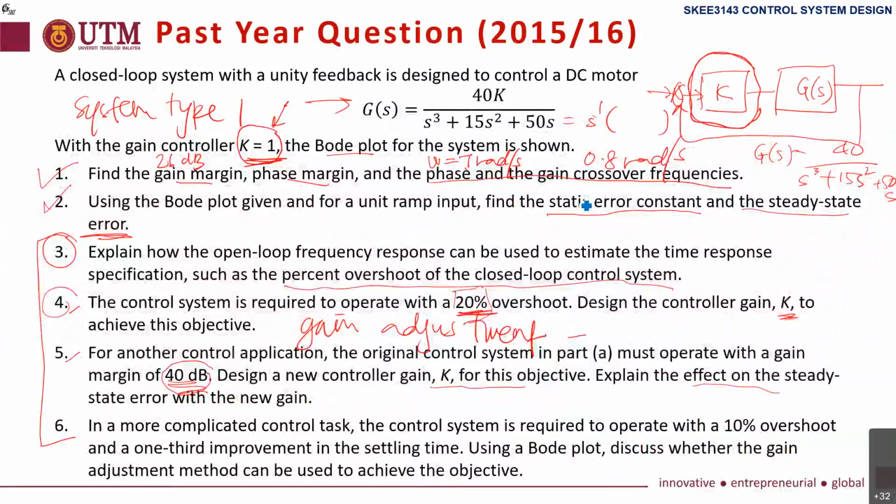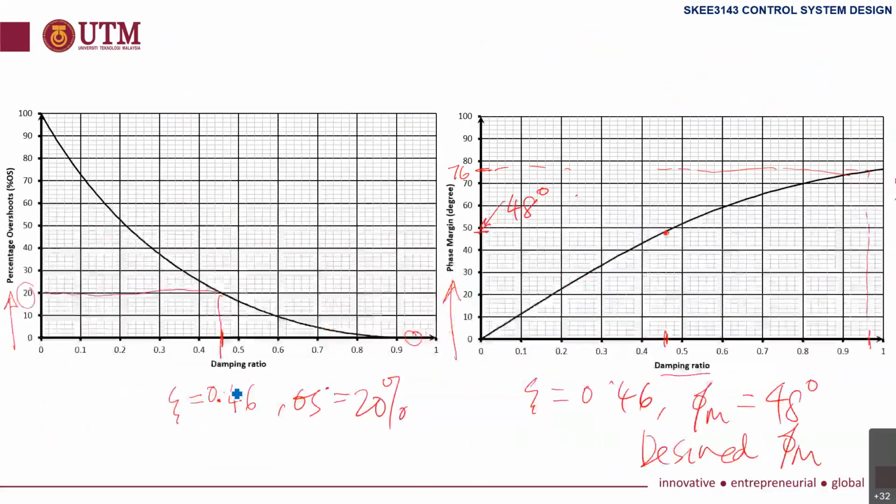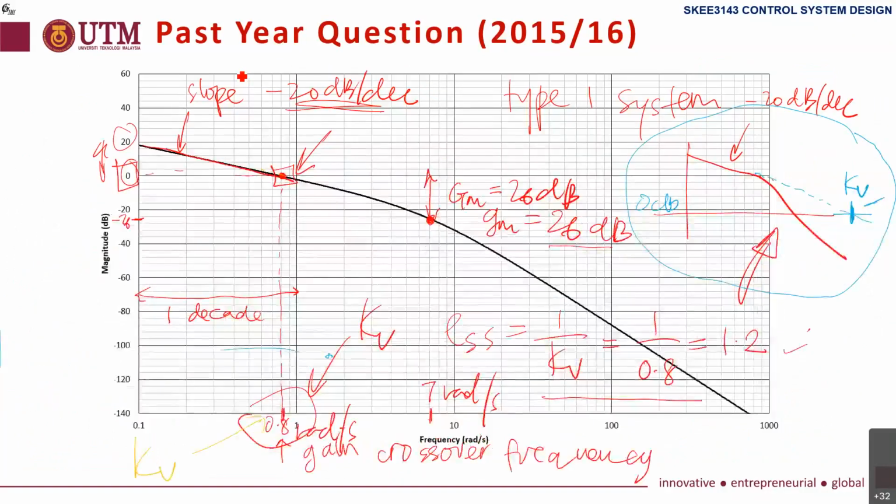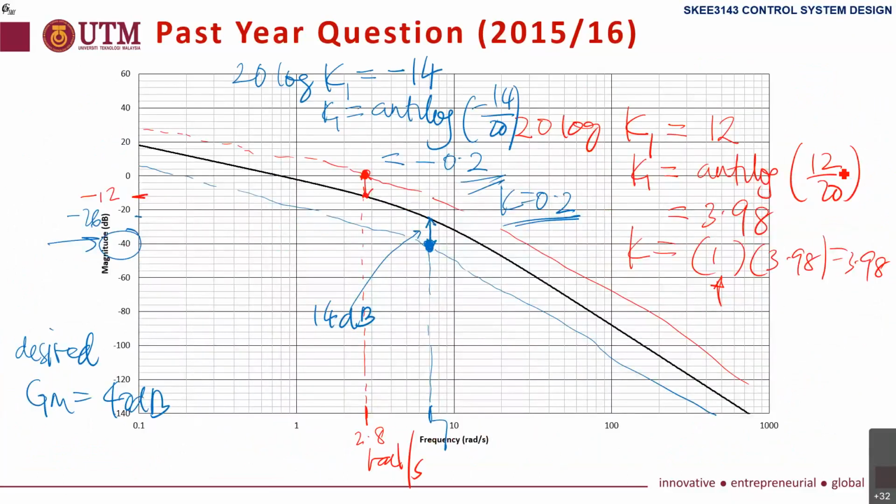The question again asks, explain the effect on the steady state error with the new gain. We can see that when we shifted the magnitude down, now the Kv, remember Kv is this, will change.